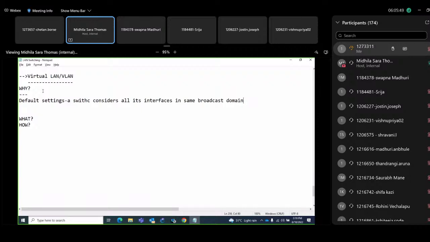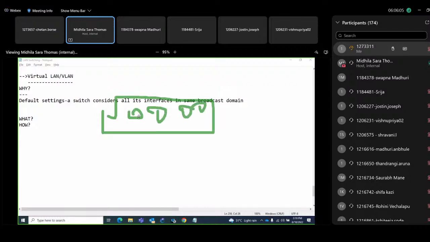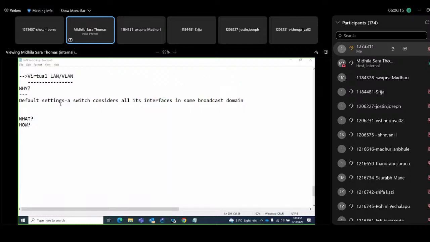You remember one area? Yes, right? So my question is only this much. As per whatever we have seen, if there are multiple interfaces of a switch, and a broadcast message comes to one interface, of course it goes here, here, here, if the devices are connected to it. So they belong to the same broadcast domain.